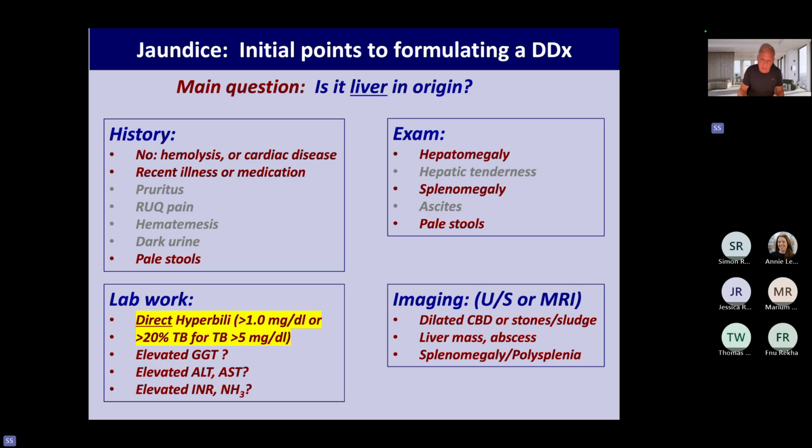Any masses present? Anything suggesting a cystic structure or an abscess formation? And again, is there splenomegaly or abnormalities in splenic structure, either polysplenia or asplenia? Again, those are important considerations when making a diagnosis, particularly of biliary atresia.